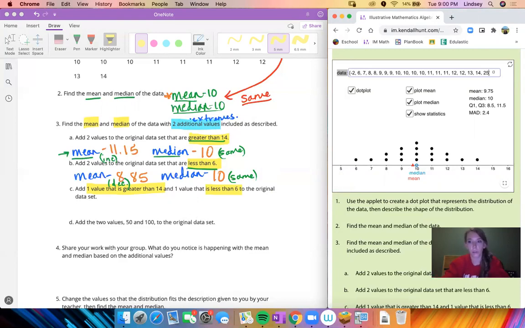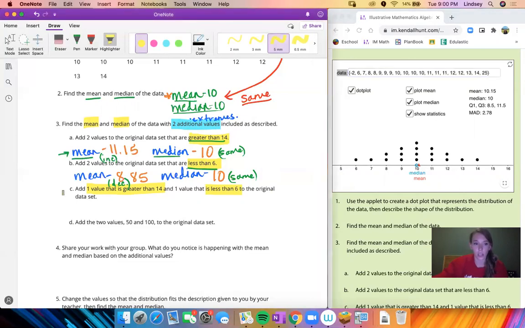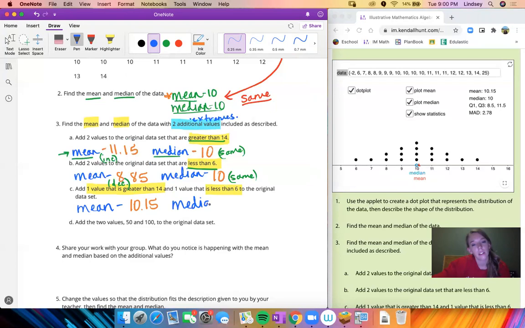Let me do a little bigger, 25. All right, so not that it even mattered any. Okay, so we're talking about the mean and median. Once again, it did change my mean just a little bit. I have 10.15, and my median is still 10.